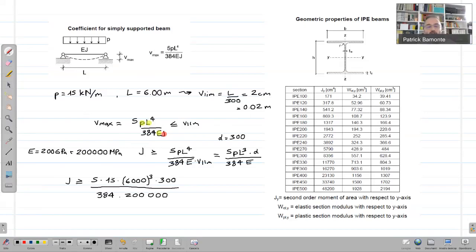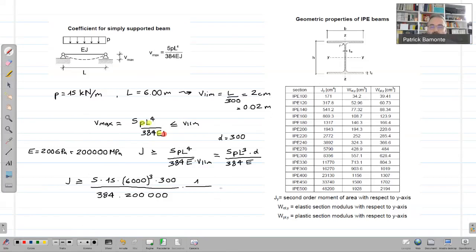This, since all the units were converted into Newton and millimeter, will give you a second order moment of area which is in millimeter to the power of 4. In the table where we have to pick the correct profile, the second order moment of area is expressed in centimeters to the power of 4, which means basically that when we get the result, in order to have centimeters to the power of 4, we have to divide by the ratio between centimeters to the power of 4 and millimeters to the power of 4.